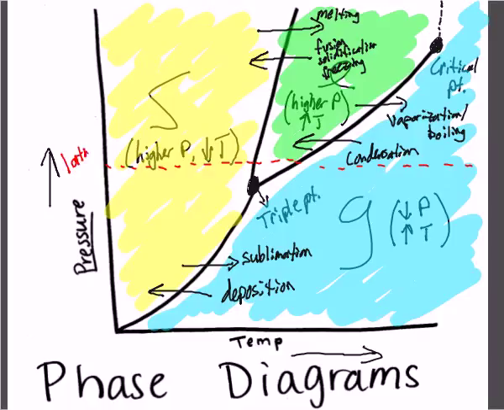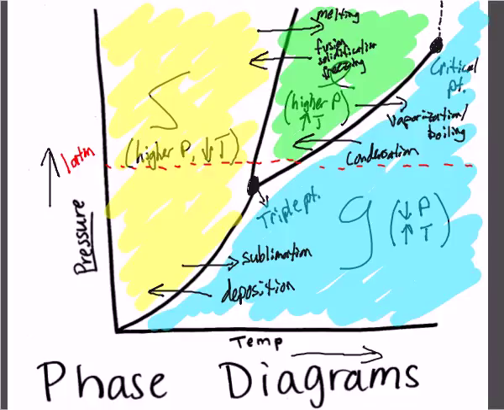This is 1 atmosphere. Okay, 1 atmosphere. That should mean something to you. 1 atmosphere in your reading is known as what? Standard pressure, right? It's 1 atmosphere, 760 torr, 760 millimeters mercury, 101.3 kPa. All right, that's our standard pressure, guys.